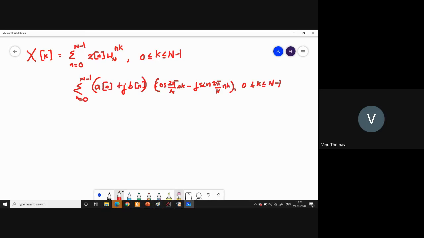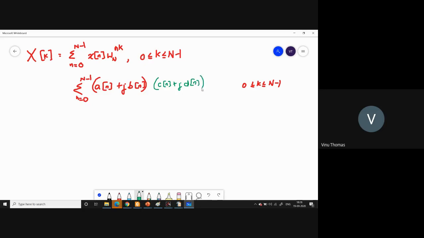So I will represent the second part as C of n plus j into D of n.